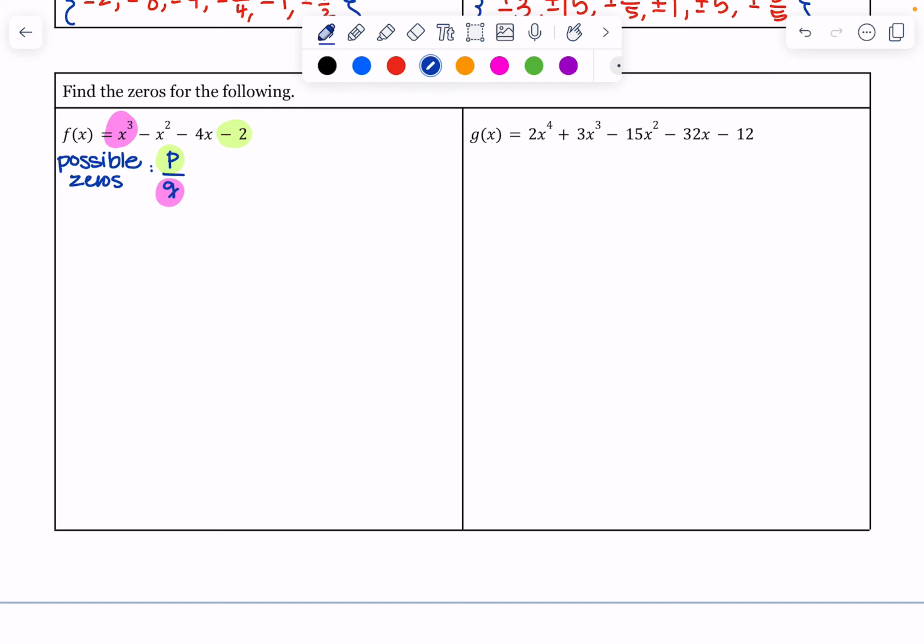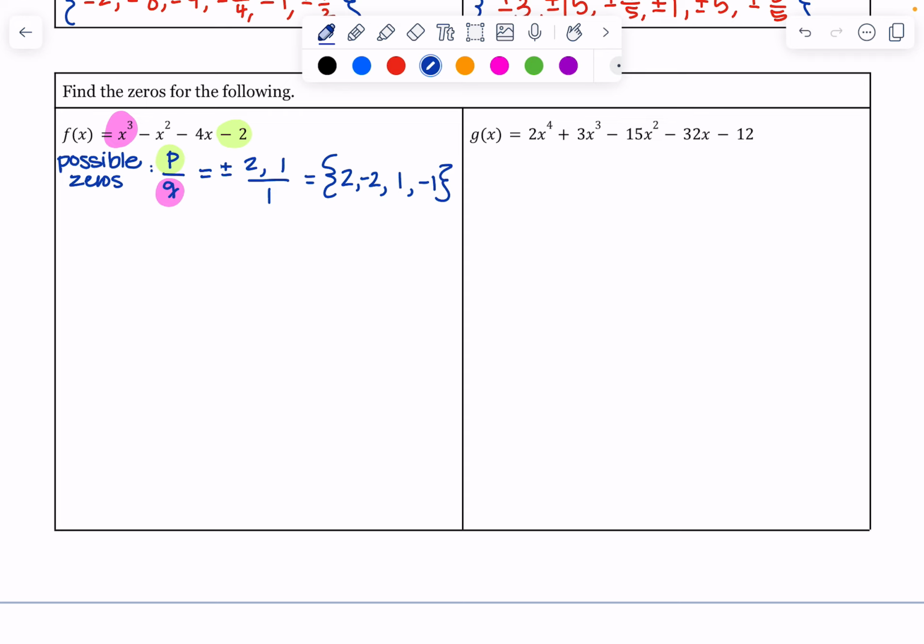When there's nothing in the front, that means there's an invisible 1 there. So for us, we're going to have a positive or -2, 1 for p, and then factors of 1 would just be 1. So I'm going to go ahead and list all these out. So 2 over 1 would be +2, and I'm going to list them all out. 2, -2, and then 1 divided by 1 would be +1 and -1.